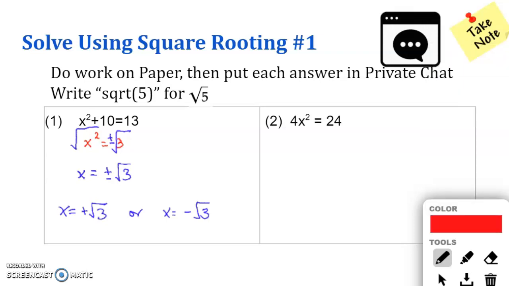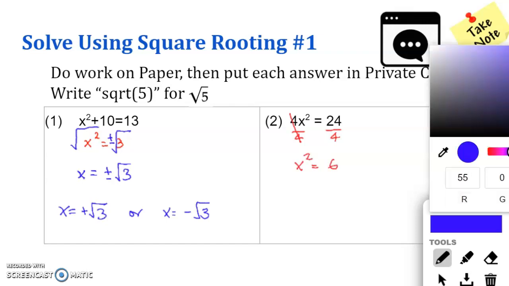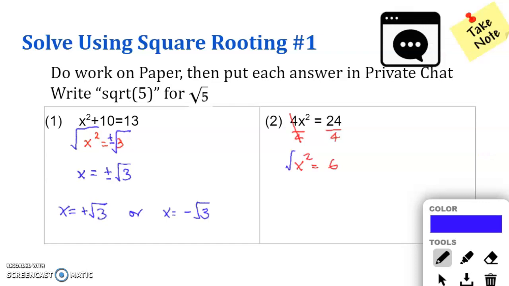Okay, so I want the x squared is equal to some constant. I don't want 4x squared. So what I want to do is divide both sides by 4. That becomes my giant one, and you're left with x squared is equal to 6. Then you take a square root of both sides. Remember, I need to put plus or minus on the side with the number, because I'm taking a square root of a variable.